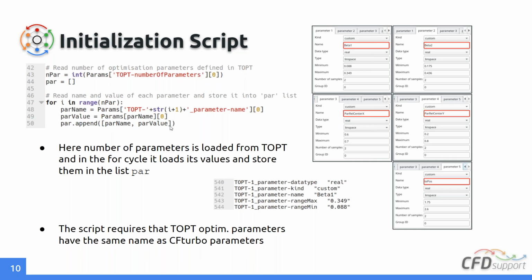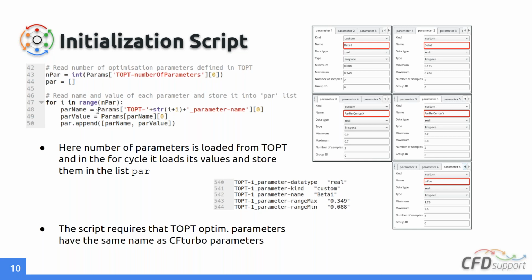So here in the for loop, we load all the TOpt parameters which we define in the GUI, because if you look into the configuration file, there are values like these: TOpt, label of the parameter, name, and really the name. So this parameter, which corresponds to each label, holds the name.